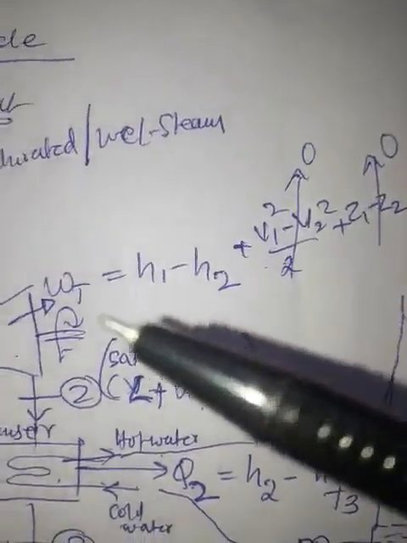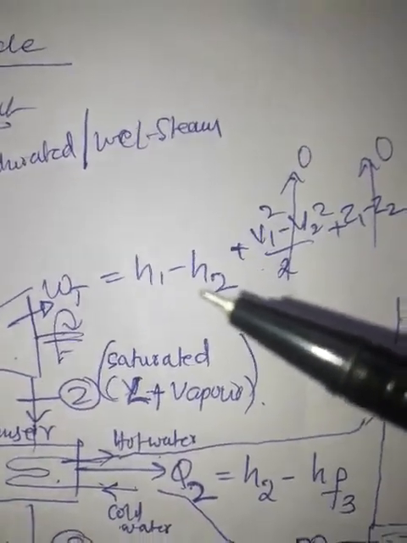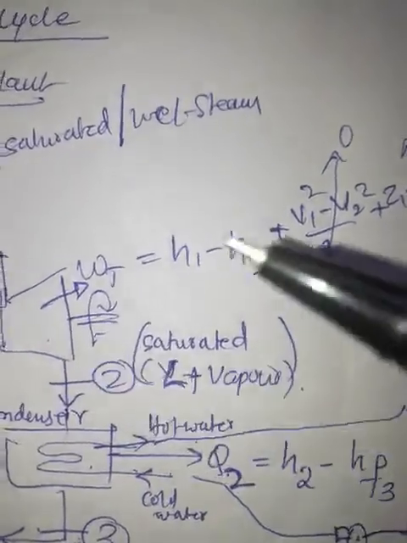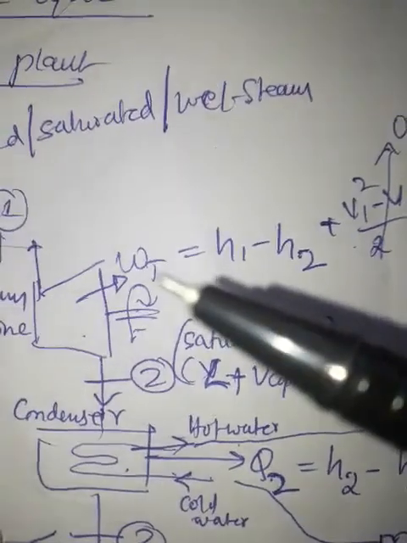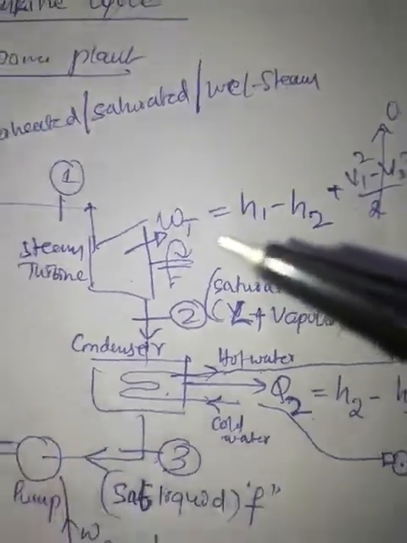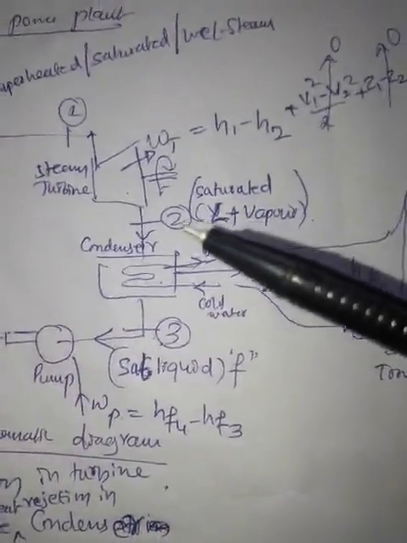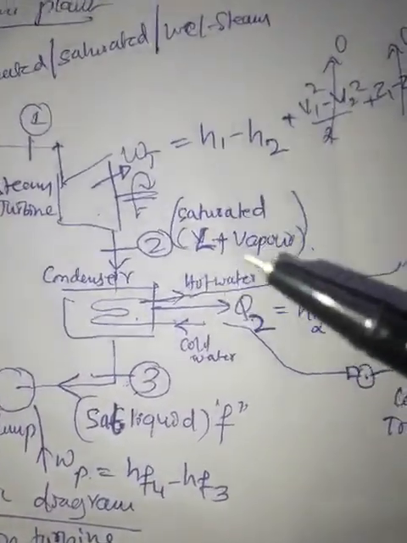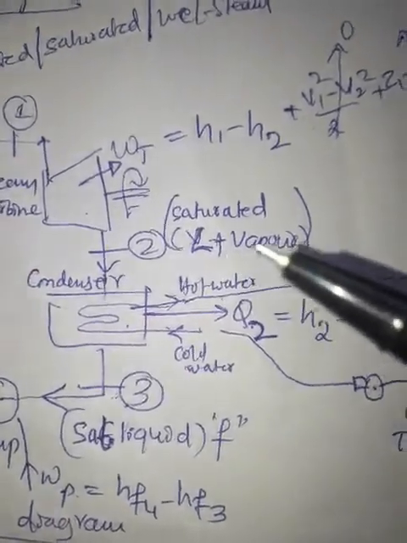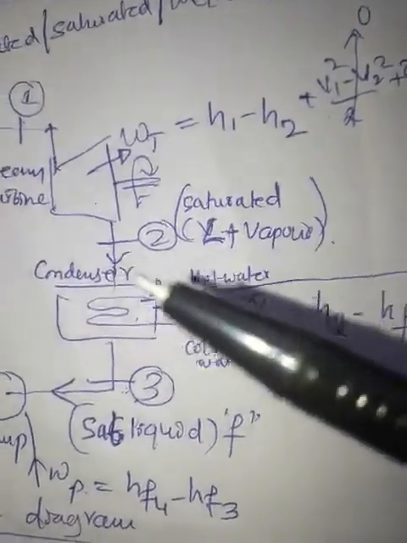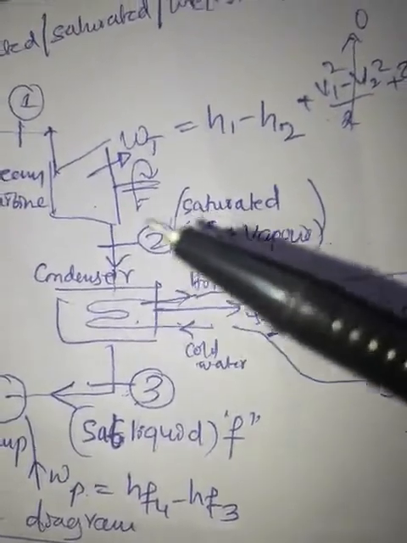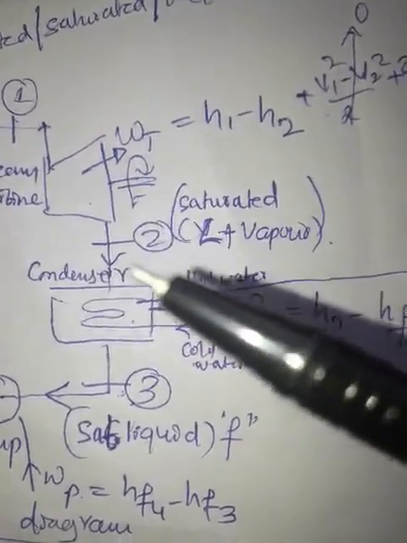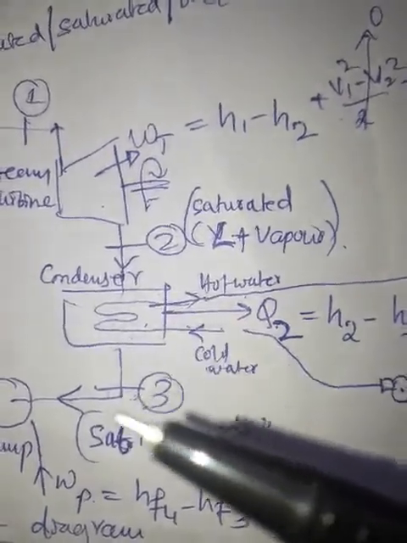The remaining term is H1 minus H2, that is inlet enthalpy minus exit enthalpy across the turbine. So this change gets converted into turbine work. Then the steam at H2 enthalpy, that is in the phase of liquid plus vapor, that is wet steam, enters the condenser, so I can write its enthalpy as H2. It comes out as liquid.